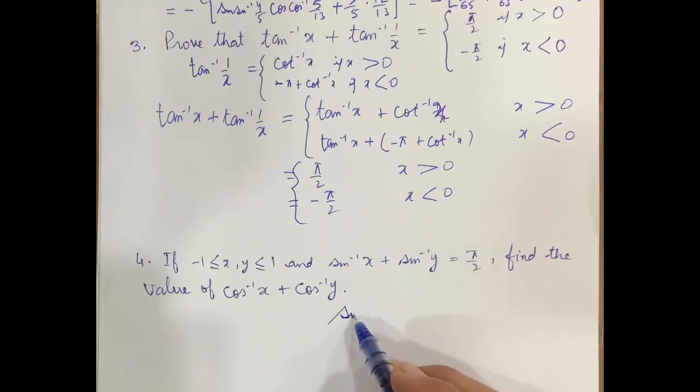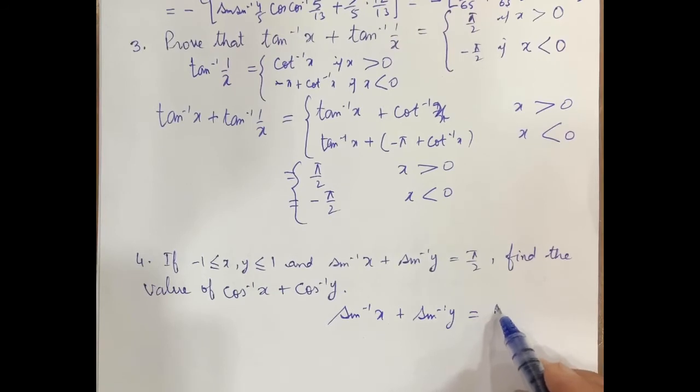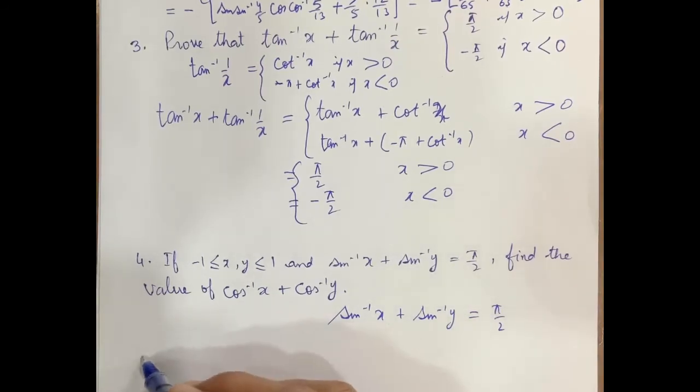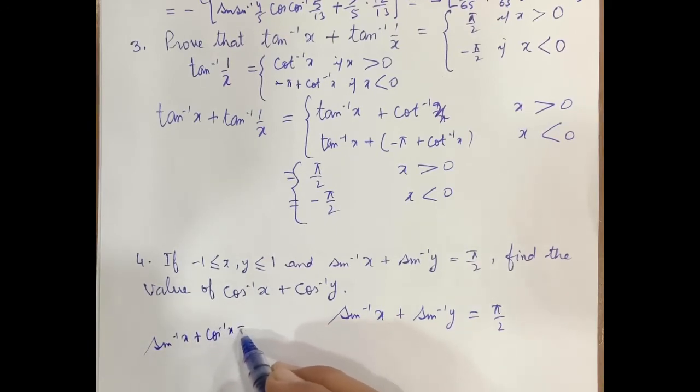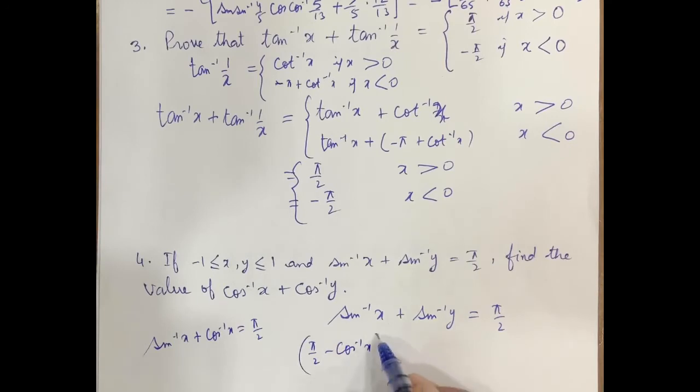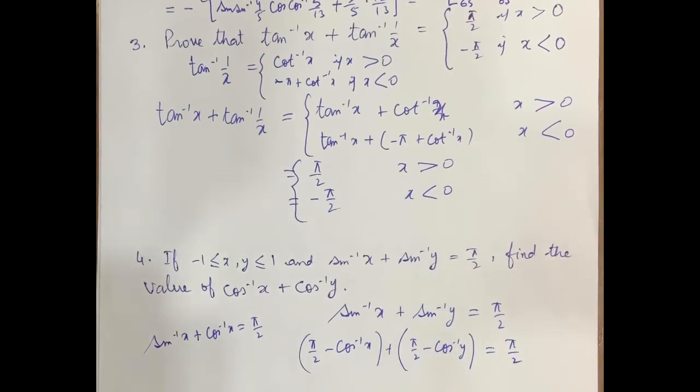Next, we are given sine inverse of x plus sine inverse of y is equal to pi by 2. Sine inverse of x can be written, we know sine inverse of x plus cos inverse of x is pi by 2, so sine inverse of x can be written pi by 2 minus cos inverse of x. Similarly, sine inverse of y is pi by 2 minus cos inverse of y, this is pi by 2.